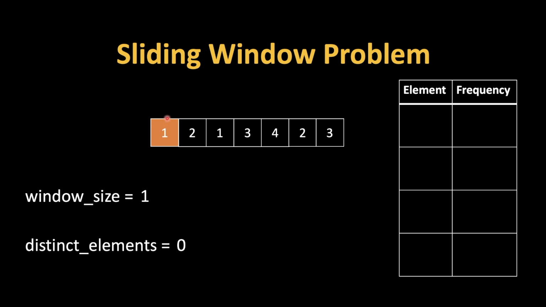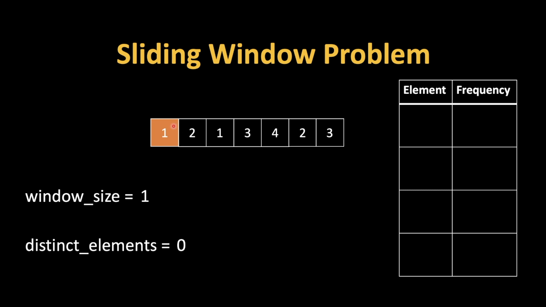Now see if this element is already present in this map. What does that mean? It means that we already have this element. And if we already have this element, then this element is not unique. But if it is not in the hash map, it means that we are getting this element for the first time. So this is a unique element.